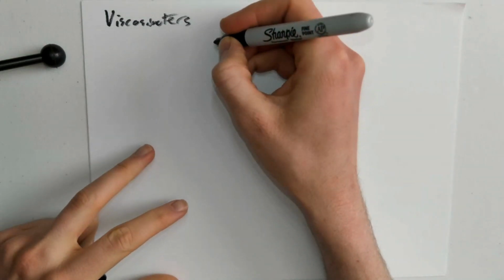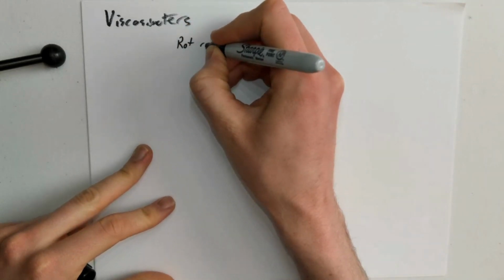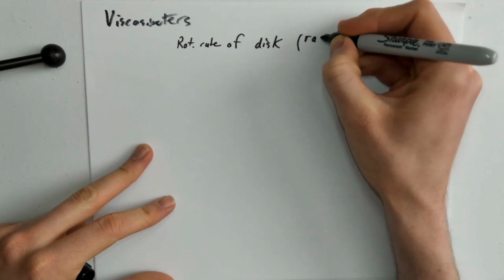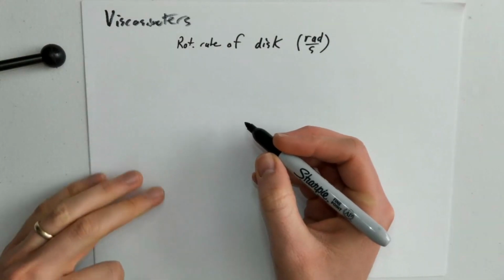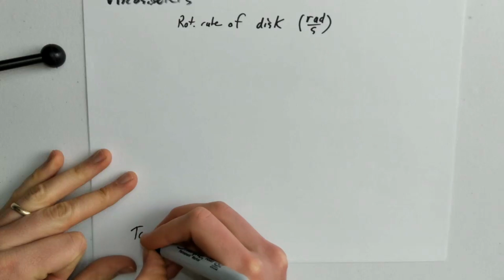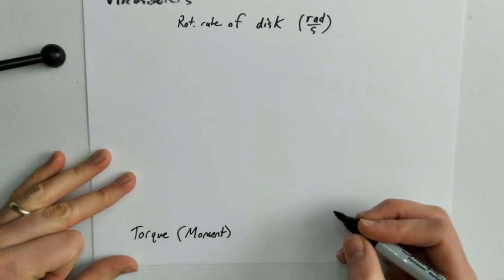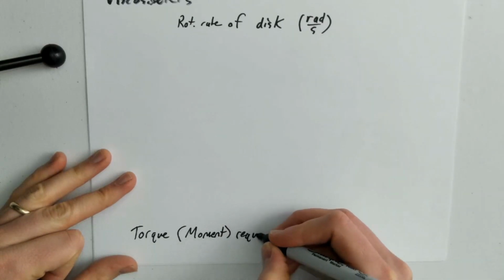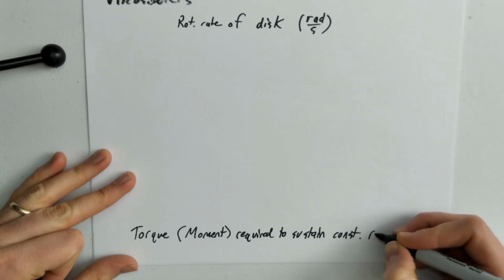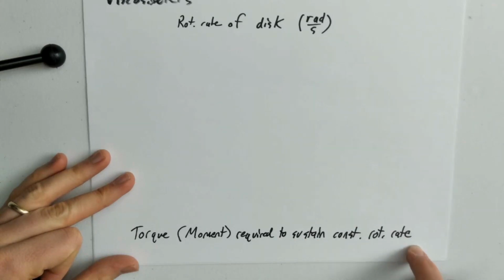Ultimately what we're looking for is a relationship between the rotation rate of the disk, which is going to have units of radians per second, and, all the way on the other end, the torque, or you might call it a moment, the torque or moment required to sustain this constant rotation rate.